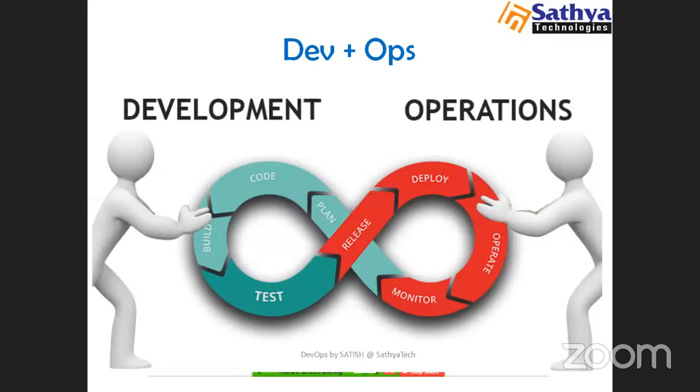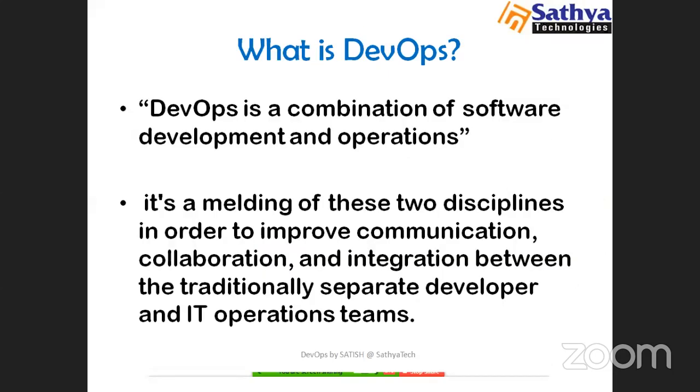See a simple definition for DevOps. Just see the statement. How will you define DevOps? DevOps is a combination of software development and operations. It is a melding of two disciplines.